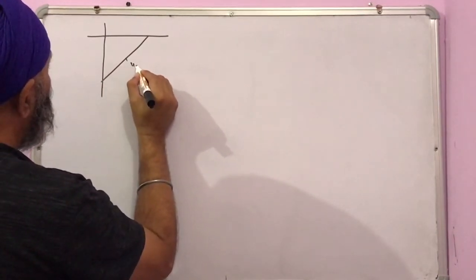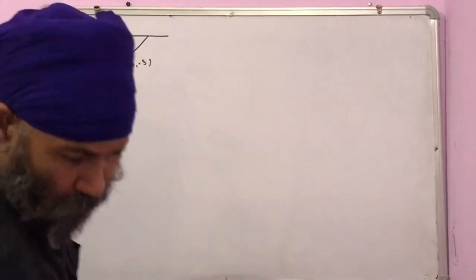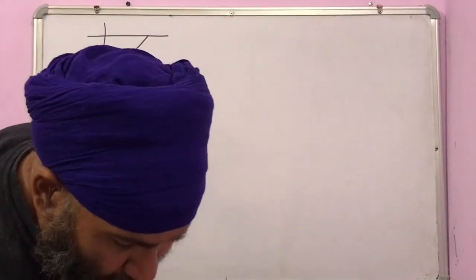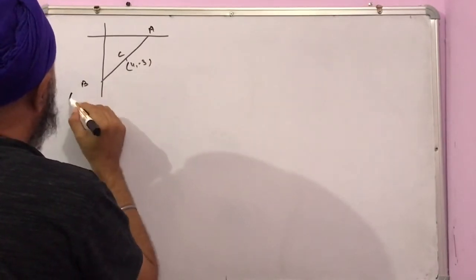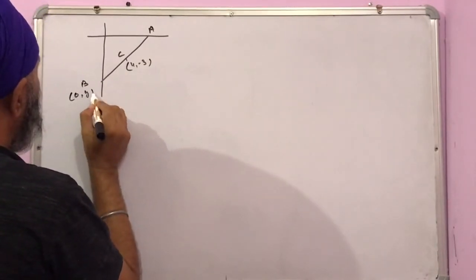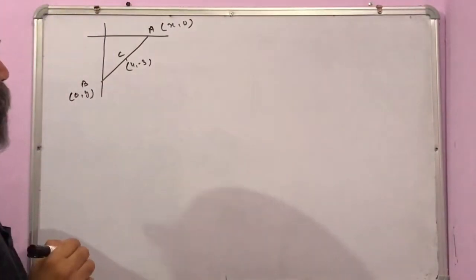This midpoint is C (4, -3). It is A and B. This is A, this is B. Let B be (0, Y), A be (X, 0). We have done it before in the previous class.